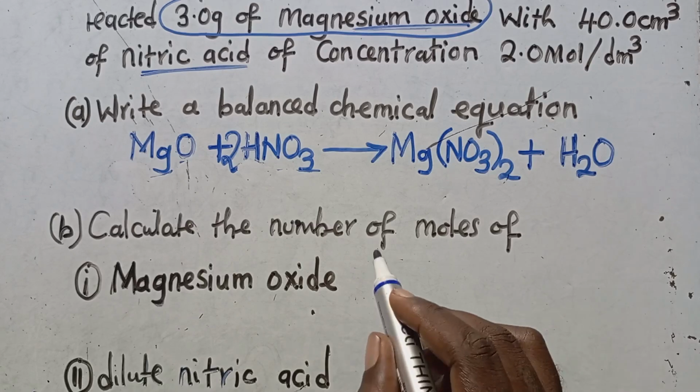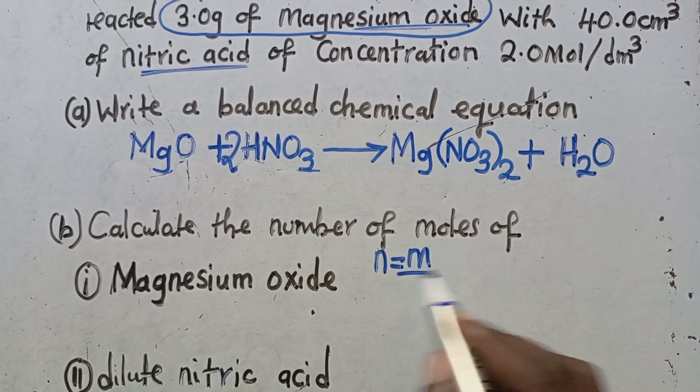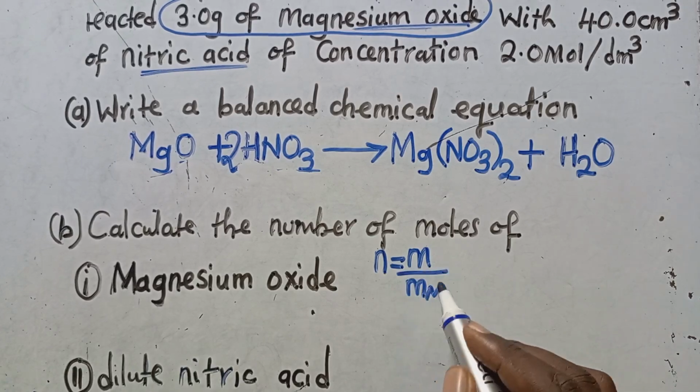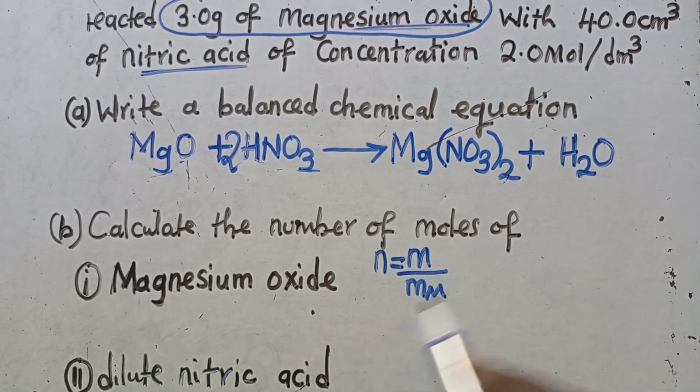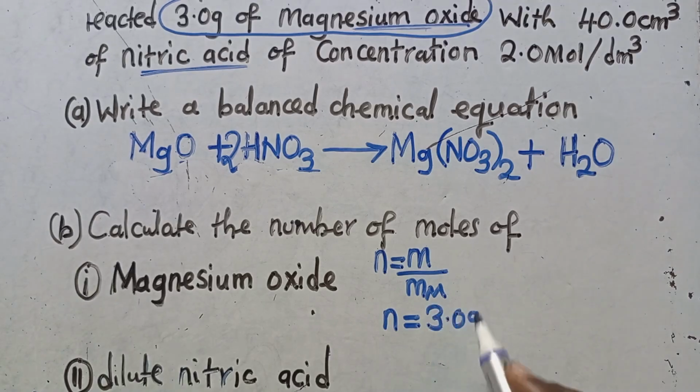So we are going to say number of moles is equal to mass over molar mass. I guess you remember this formula. What is the mass? The mass is 3.0 grams over, what is the molar mass?